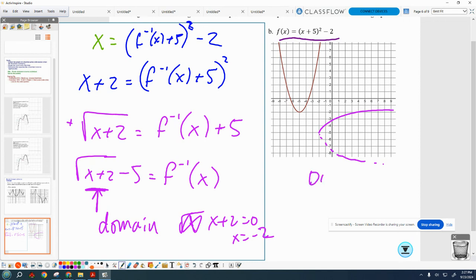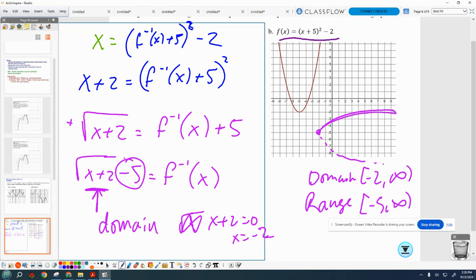So the domain of my inverse was -2 and anything bigger. And the range, what are the y values that come out? Well, if I put in -2, that goes away. My lowest y value is -5. I got both things that I knew already by looking at the graph.